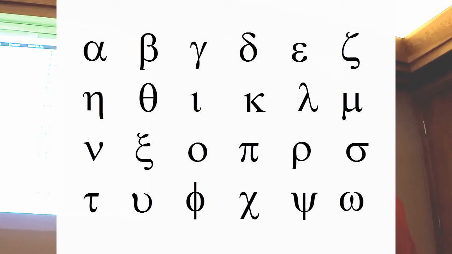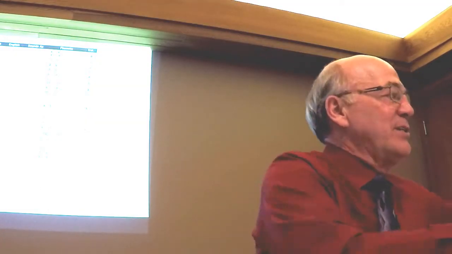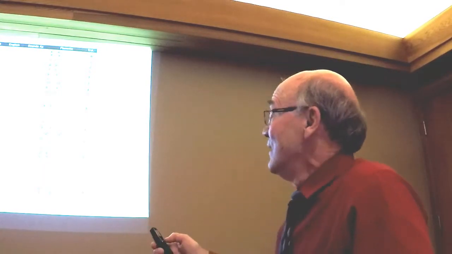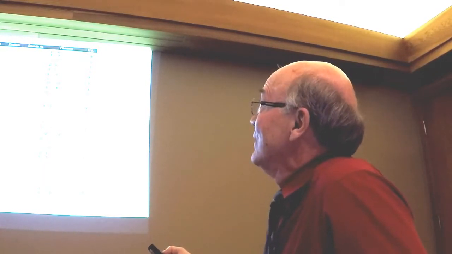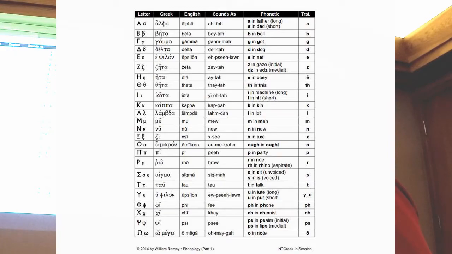Very good. Okay, I'll give you a chart that is going to give you the capital letter and the small letter. Then it's going to say the letter in Greek and then transliterate that into English. What's the first letter here? Alpha. What's the second one?